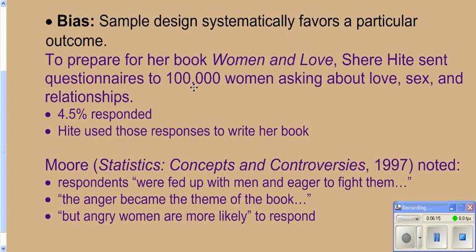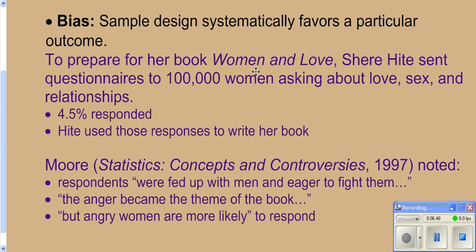Now, here's an example. There was a questionnaire sent out to 100,000 women. Only 4.5% responded. And this person was using it to collect information for her book. Well, you have a very low response rate. And since it's voluntary, only the people that have a strong opinion about love, sex, and relationships are going to respond.